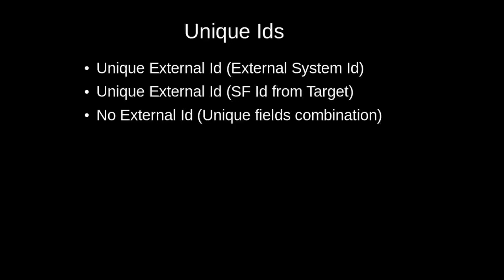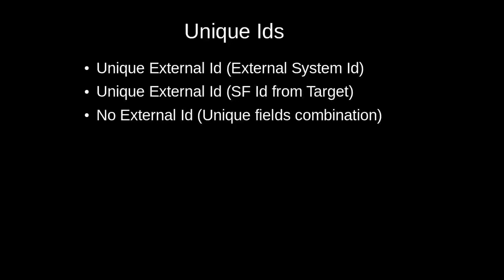If you don't have any free external ID fields, you have to create one external ID just to store the unique ID from the source org, not the target org. So you store the ID of the source record in the target org, so it retains the ID from which you copied the data.